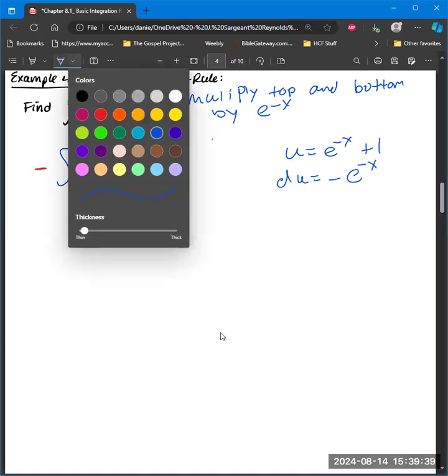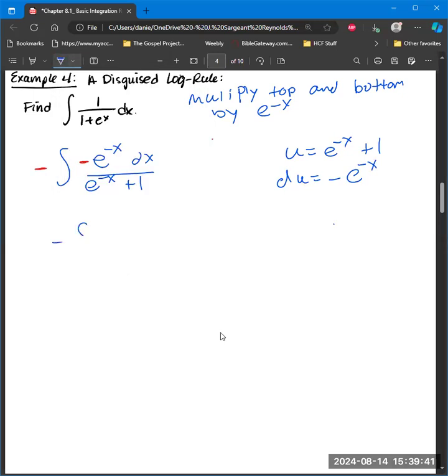That changes this into a negative integral of du over u, which is a negative ln of the absolute value of u plus c, a negative ln of the absolute value of e to the negative x plus 1 plus c.